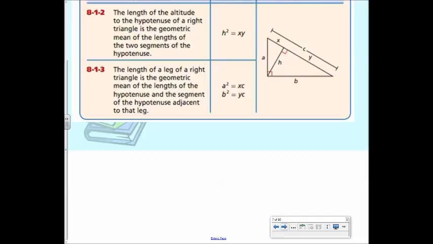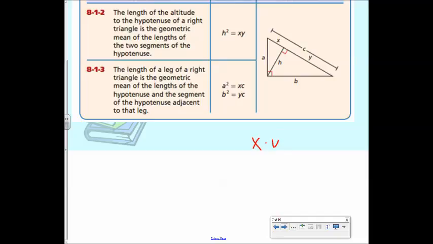Basically, the length of the altitude, so in this case, h, of a right triangle is the geometric mean of the lengths of the 2 segments of the hypotenuse. So what are the 2 segments of the hypotenuse? X and y. So if I did x times y and took the square root of that, that would give me this h right here.